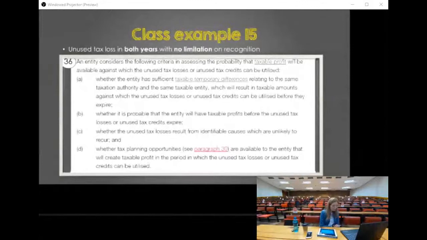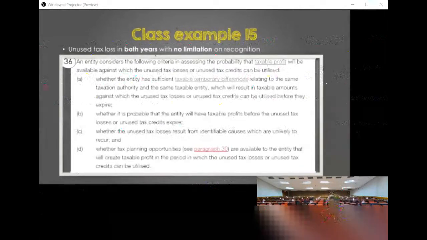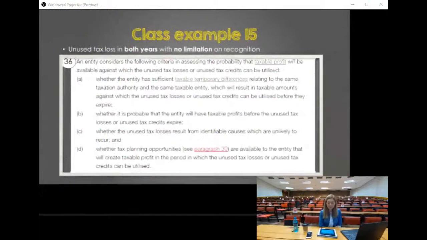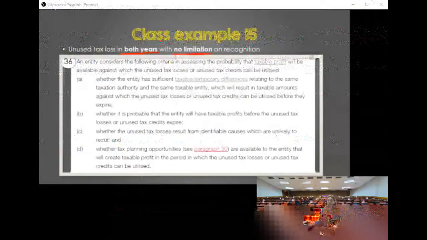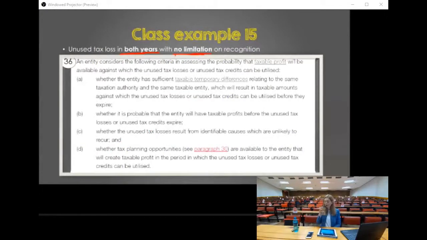Next, class example 15. So what now happens in class example 15 is now we have unused tax losses in both years. Okay, so unused tax loss in both years, and there's no limitation. So no worries, go ahead and recognize the full tax loss.